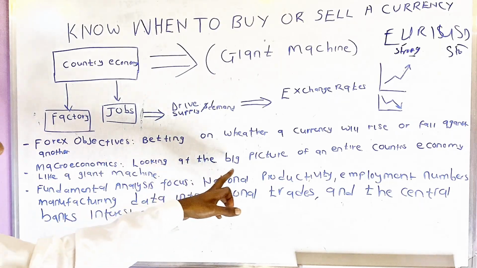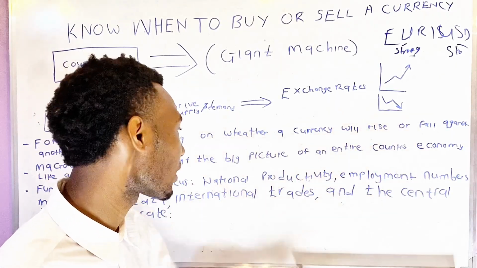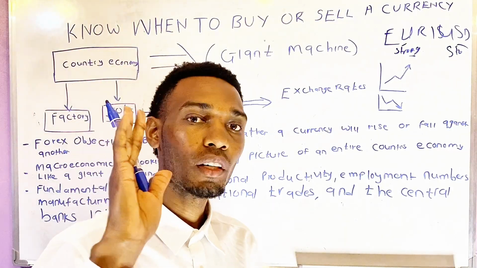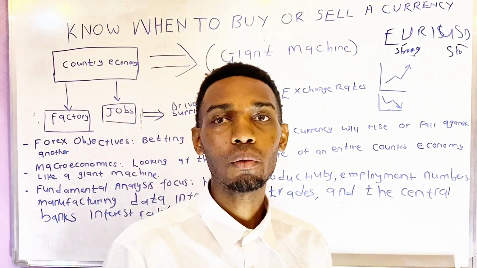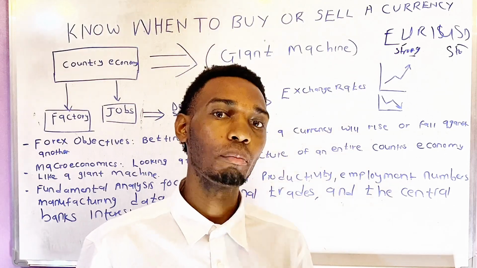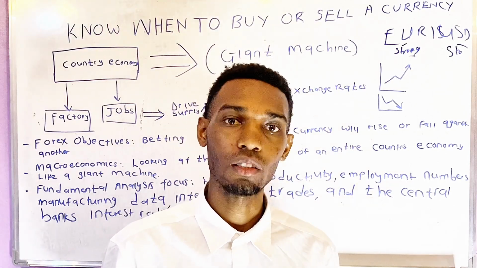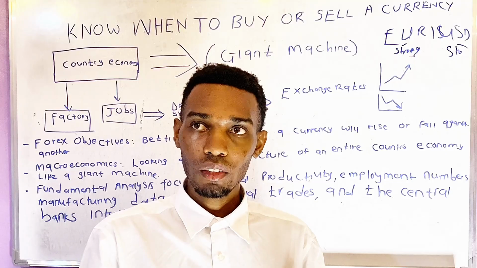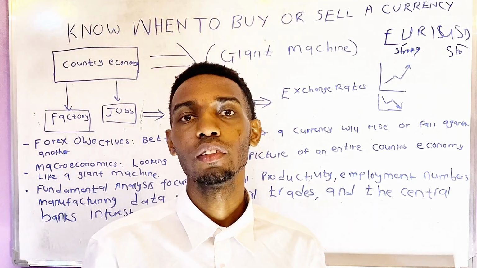Macroeconomics, looking at the big picture of an entire country's economy like a giant machine. Macro means big. How big is the economy of the country? It is the employment itself in the country.